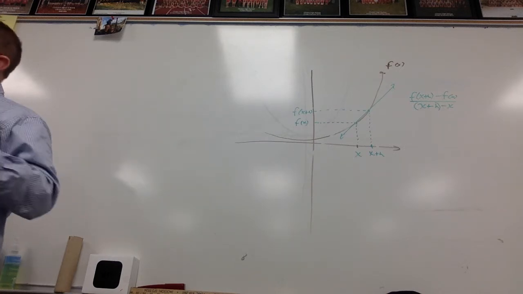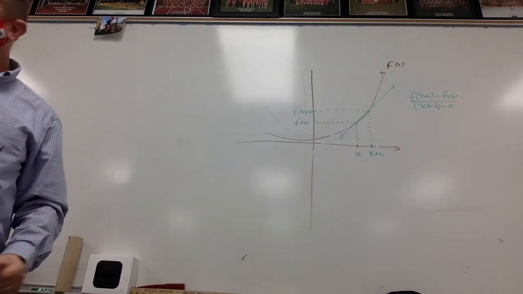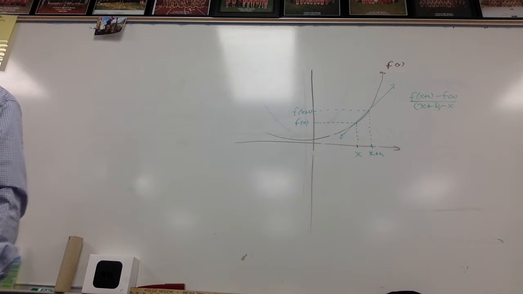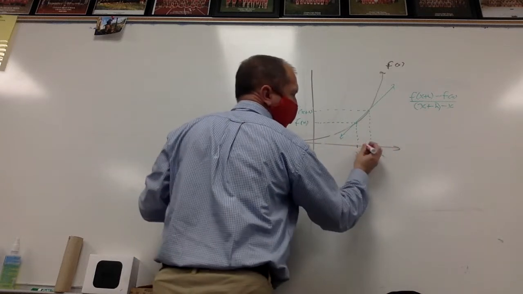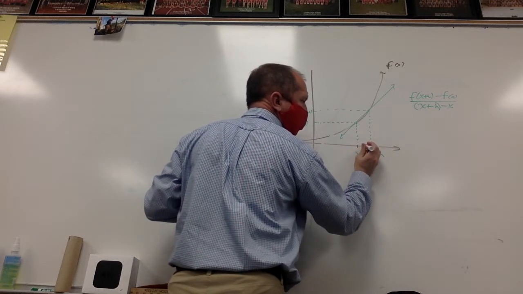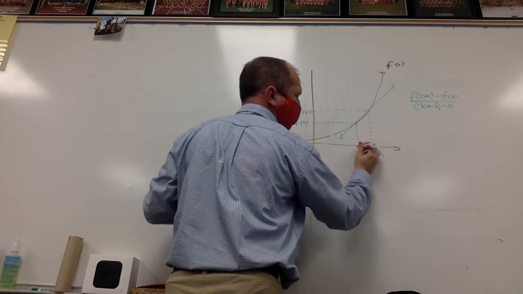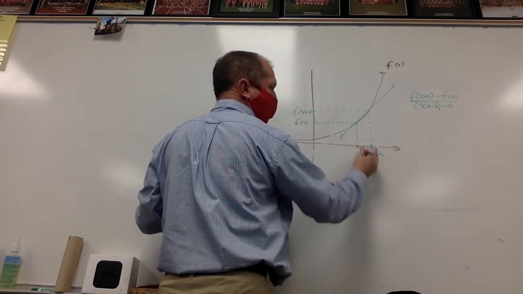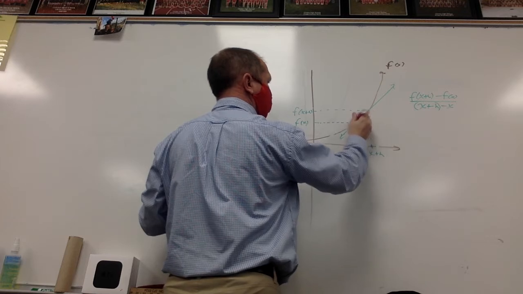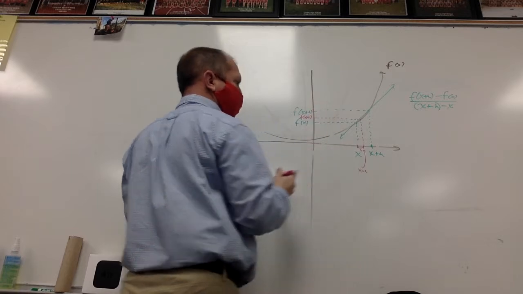But I could get just a little bit better with my approximation of my slope. Can you throw me that red marker? So, thank you. So I could get, if I move in right here, I could let this be my new x plus h. So this would be my new distance h here. So this could be my new x plus h. And this would be my new f of x plus h.